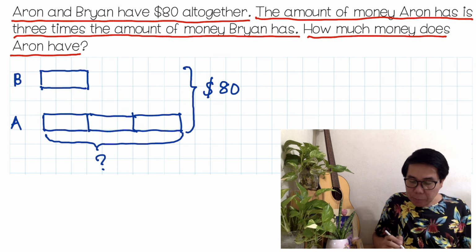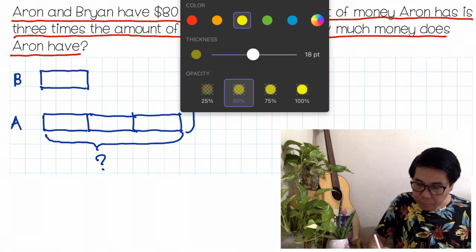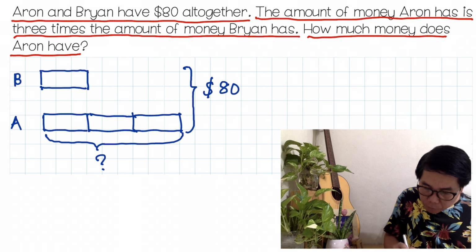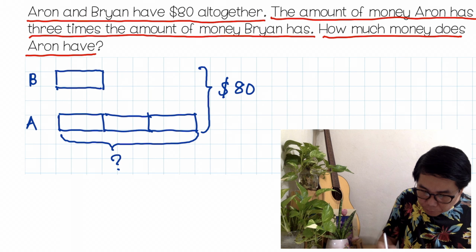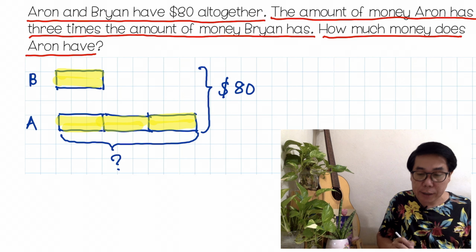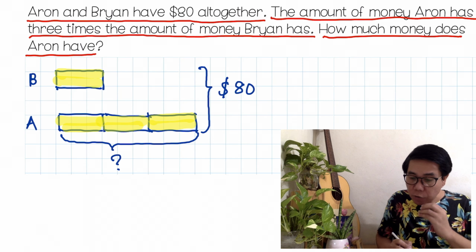Okay, so if you can see, children, there are 1, 2, 3, 4 units in all, and 80 is divided by 4.